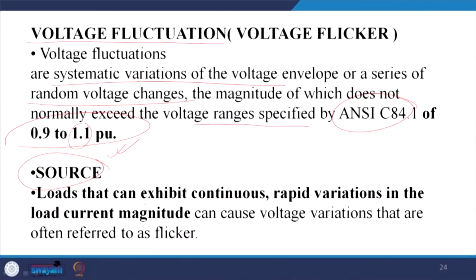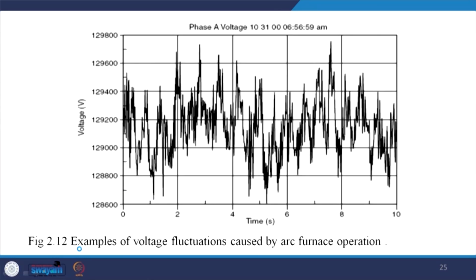Of course, the sources of these fluctuations are loads that can exhibit continuous rapid variation of the load current magnitude. It happens in highly accelerated machines; adjustable speed drives can cause a voltage variation that is referred to as flicker also.